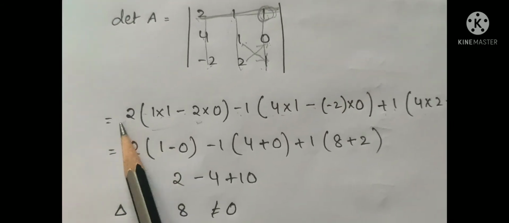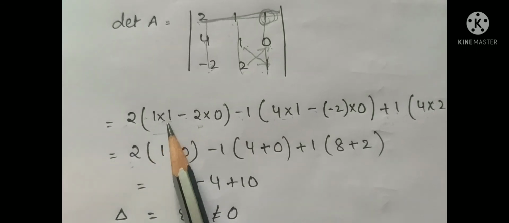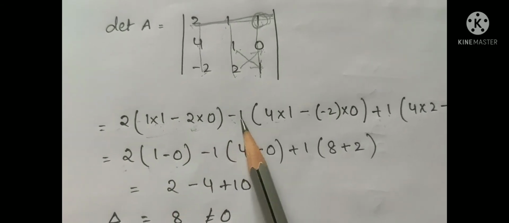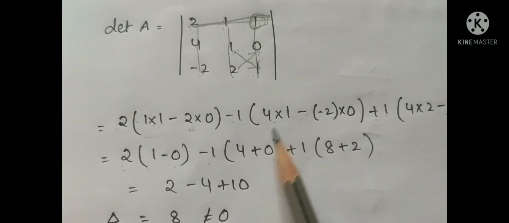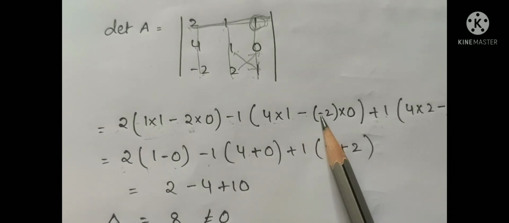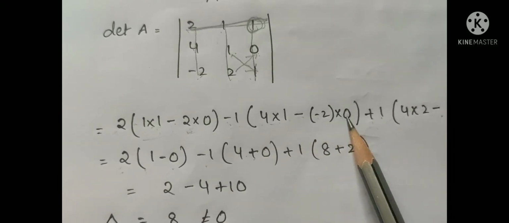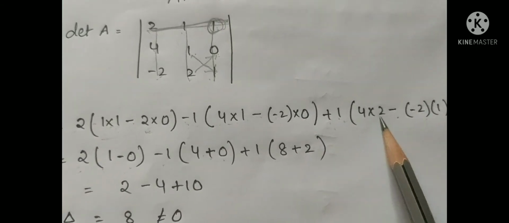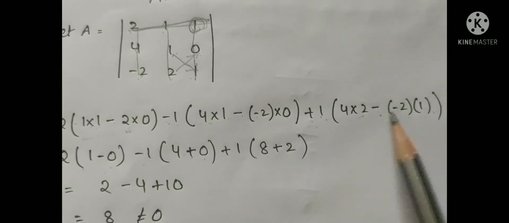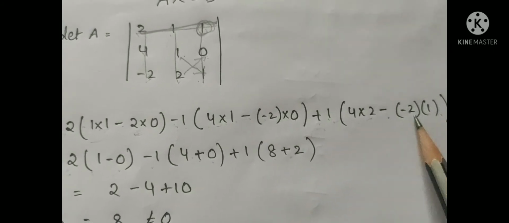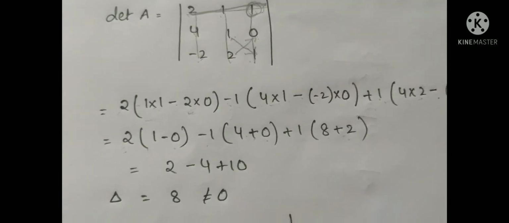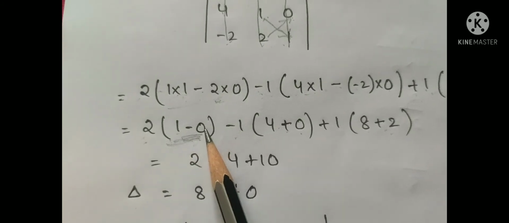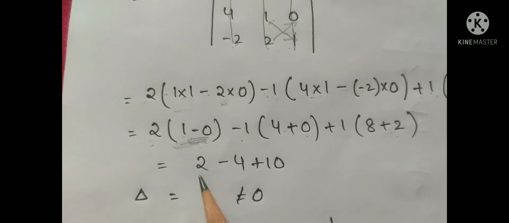Now multiply this. 2 same as it is. 1 into 1 is 1, -2 into 0 is 0, minus 1 same as it is. 4 into 1 is 4, minus into minus plus, 2 into 0 is 0, plus 1. 4 twos are 8, minus into minus plus 2 times 1 is 2. First we simplify the bracket terms. 1 minus 0 is 1, then 2 into 1 is 2.